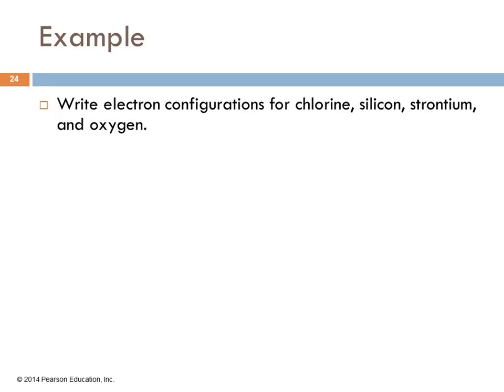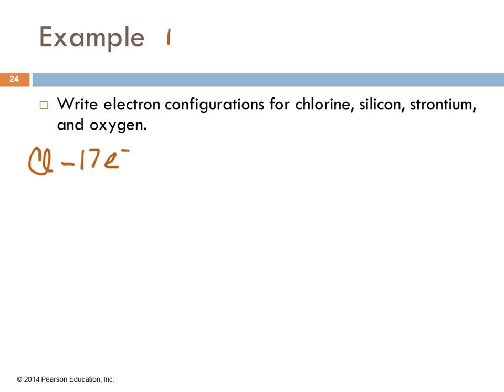So let's write electron configurations for chlorine, silicon, strontium, and oxygen. So chlorine. How many electrons does chlorine have? 17. So chlorine, we got 17 electrons. So we need to be able to remember the order of filling.